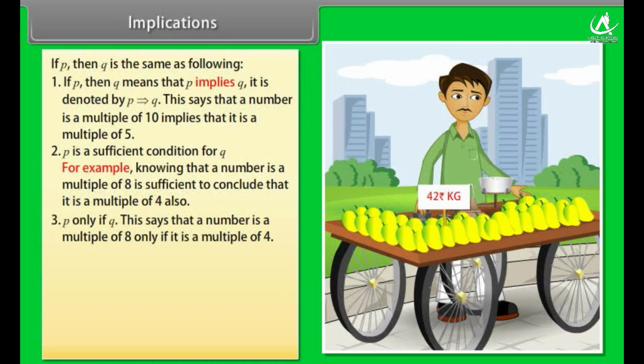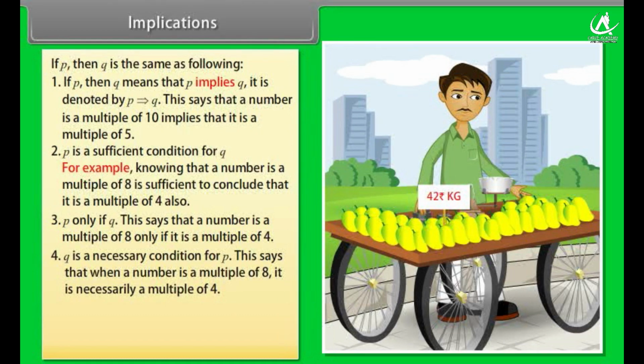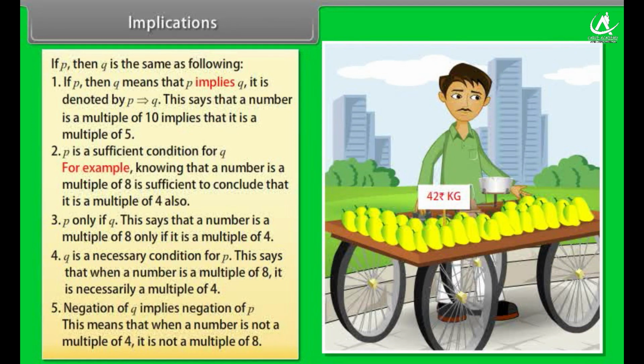This says that a number is a multiple of 8 only if it is a multiple of 4. Q is a necessary condition for P. This says that when a number is a multiple of 8, it is necessarily a multiple of 4. Negation of Q implies negation of P. This means that when a number is not a multiple of 4, it is not a multiple of 8.